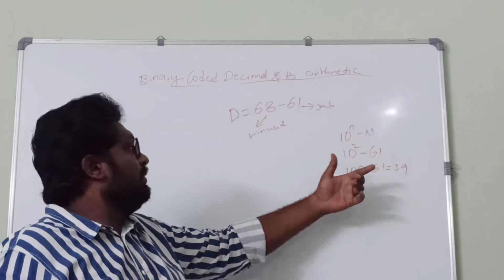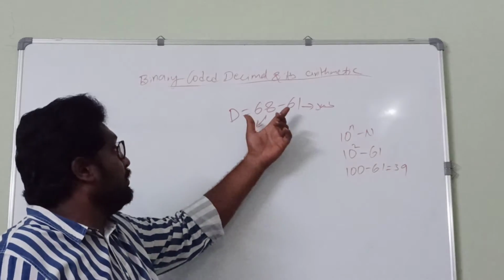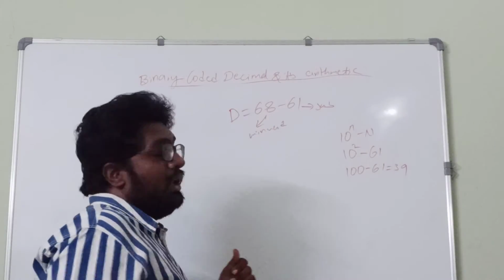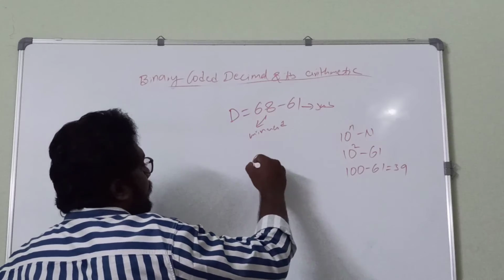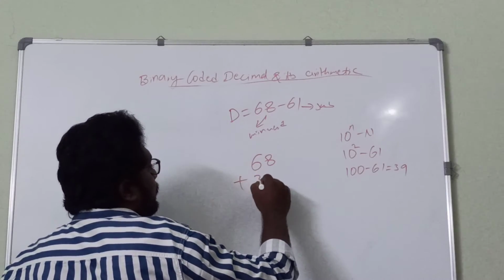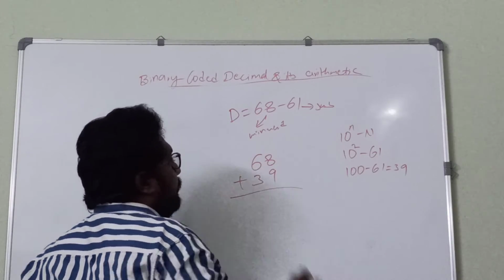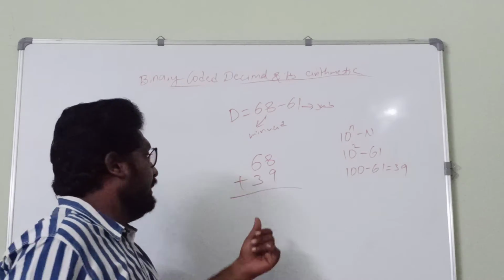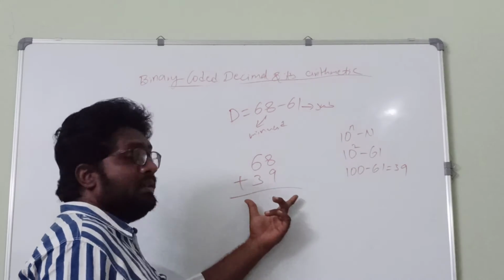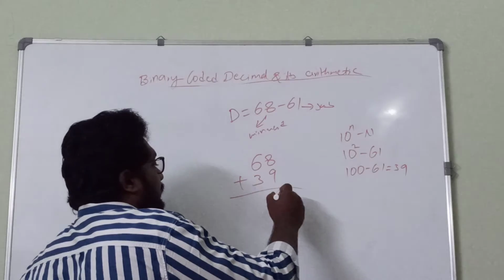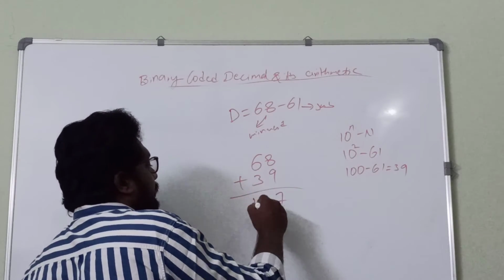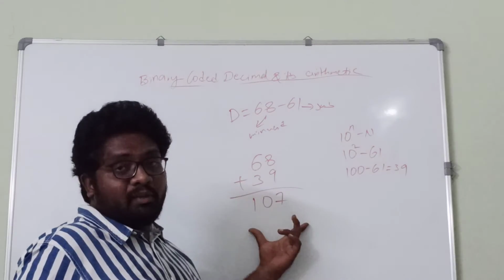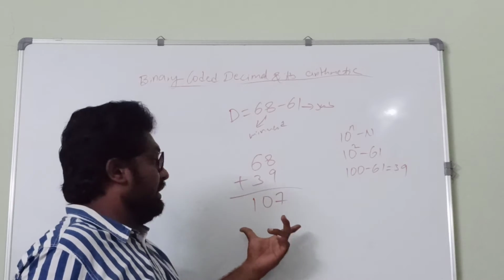Now we need to add this tens complement representation to the minuend value, that is 68 plus 39. On adding both these, we will be getting 107, we got the final result, right?